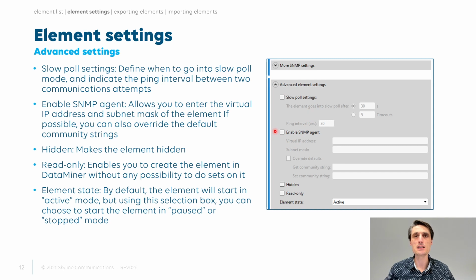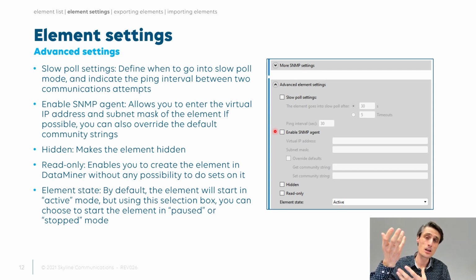The enable SNMP agent allows you to take all the metrics from that data source into DataMiner and make them available northbound through a virtual SNMP agent. So it doesn't matter if you're talking HTTP or serial or SNMP or whatever to the actual data source. You pull it into DataMiner, you have it in DataMiner, and here optionally you can activate it to make all that information available through a virtual SNMP agent.